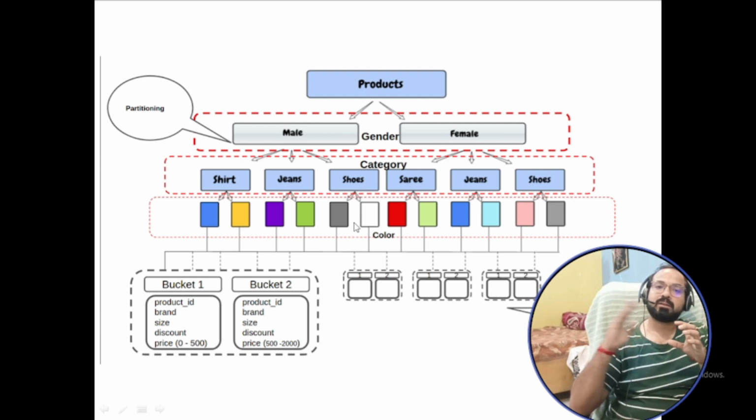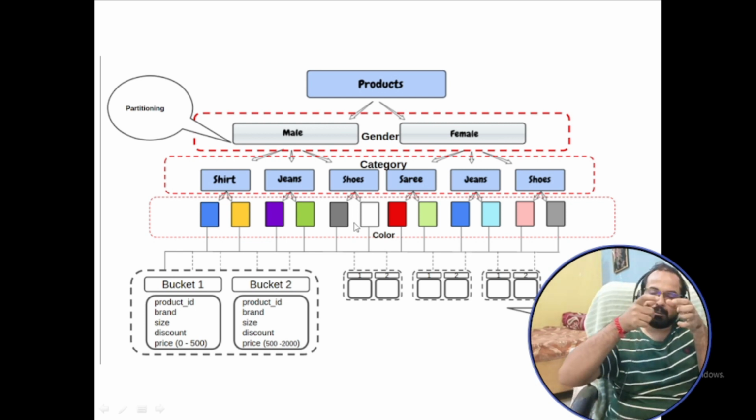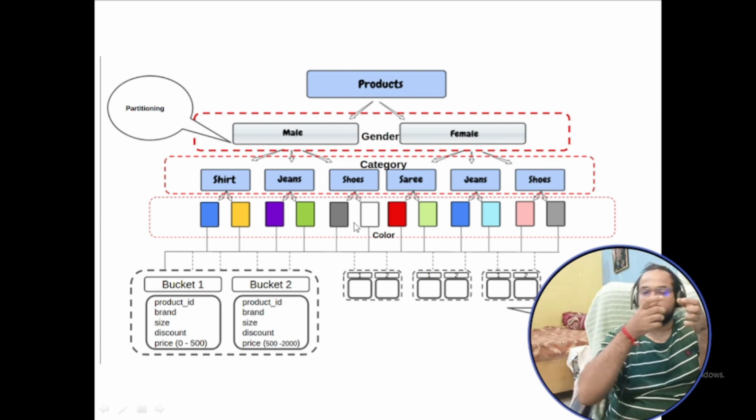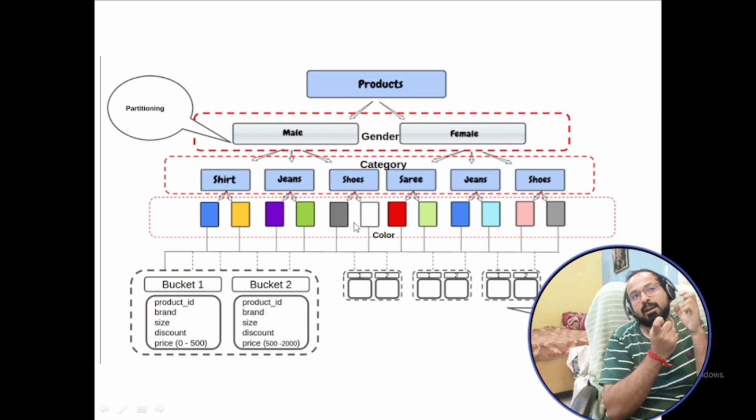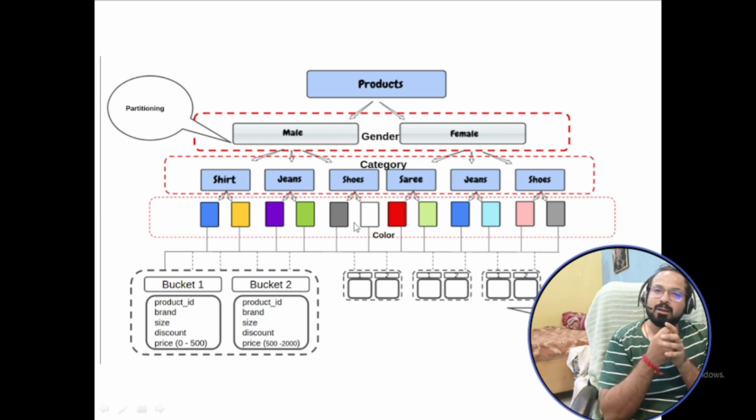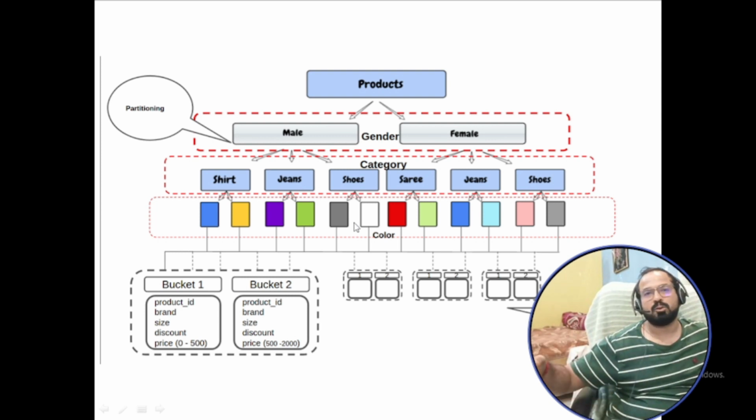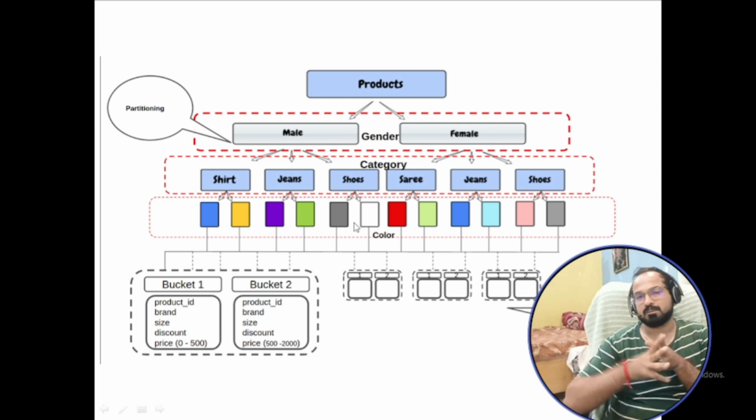If I want to further divide that data based on age, it will create small files there, and I still want to process some specific data. So it will divide your data further into small files, and performance is poor.